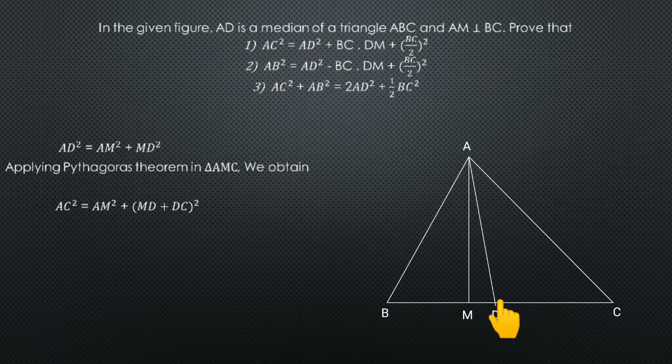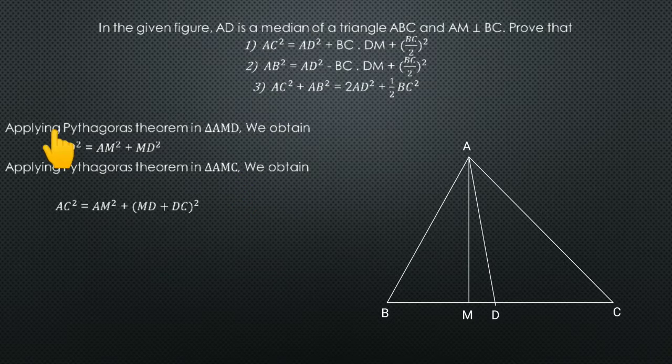Now proving this result, applying Pythagoras theorem on triangle AMD: AD square is equal to AM square plus MD square.